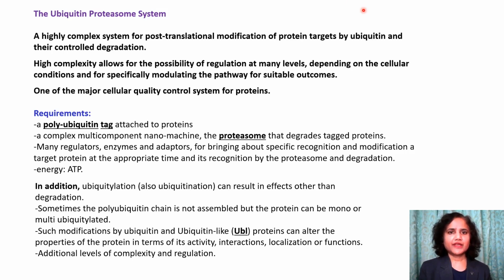And such modifications by ubiquitin and the ubiquitin-like proteins can alter the properties of the target protein in terms of its activity or its interactions with other proteins, or its localization in the cell, or impact its function in various ways. So this provides additional levels of complexity and regulation.